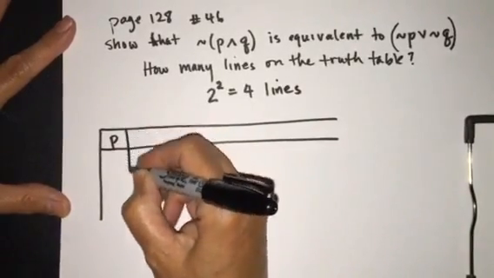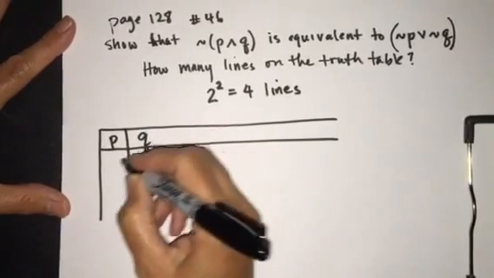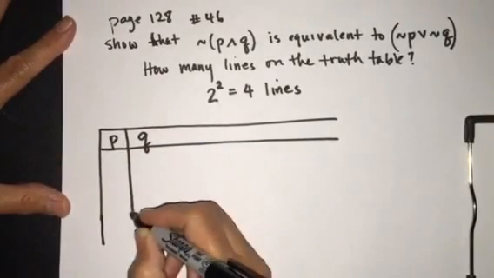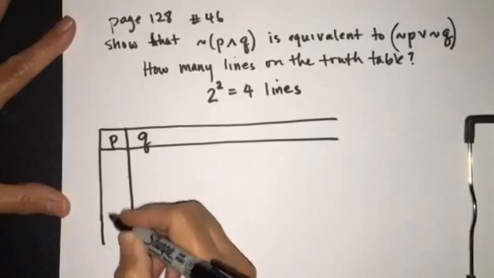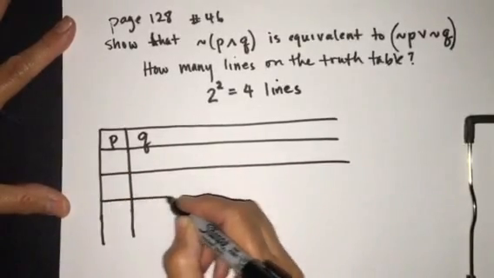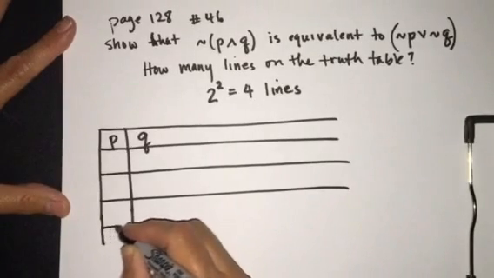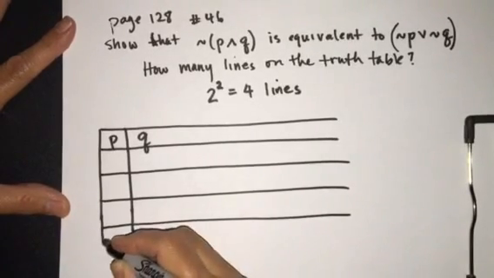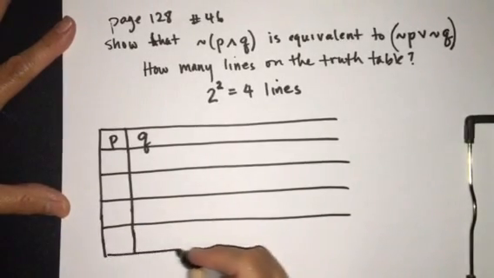P, Q, and then I'll need 4 lines underneath my title line. So if you count the title as a line, that's going to be 5 lines on the table.